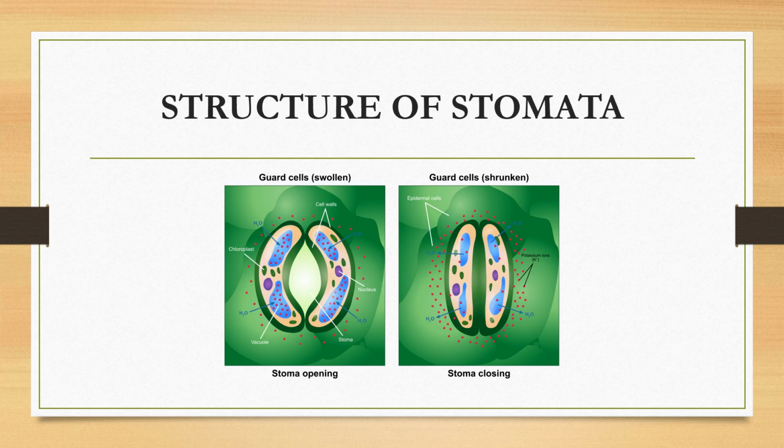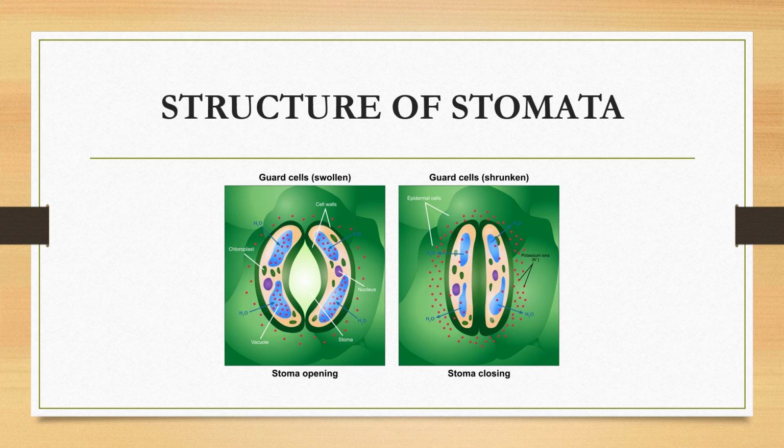Okay, stomata plays an important role in respiration as well as transpiration. Through stomata, exchange of gases takes place, and also excess water goes out of the plant through the stoma. Yes, out of the plant.